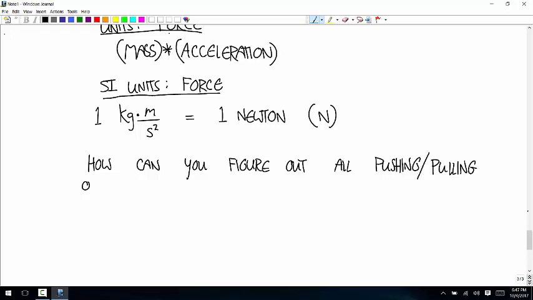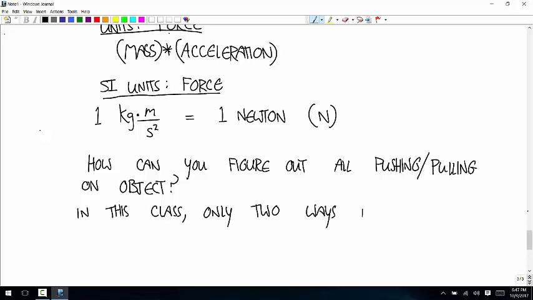So how can you figure out all the things pushing or pulling on an object? That sometimes feels a little overwhelming at the start of a complicated problem, but this is an important thing to keep in mind, and I'm going to try to keep emphasizing this. In this class, there are only two types of forces. Only two ways forces can be applied.